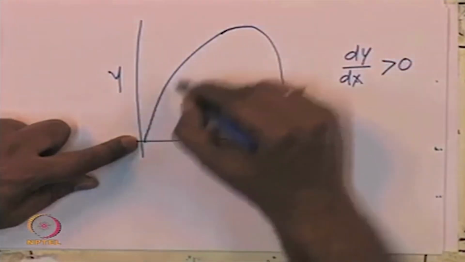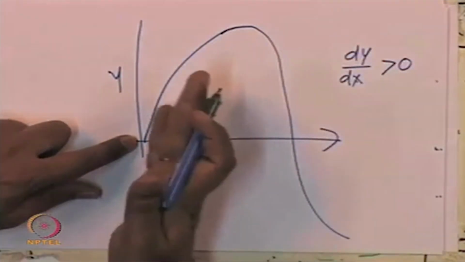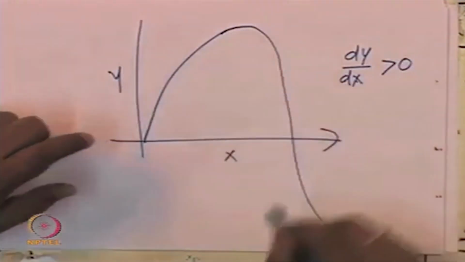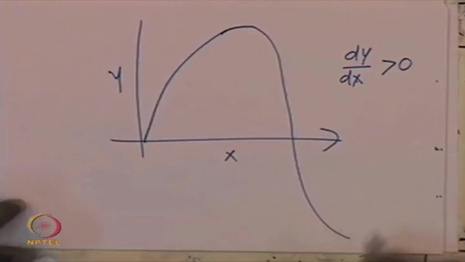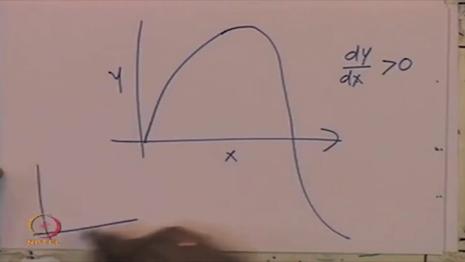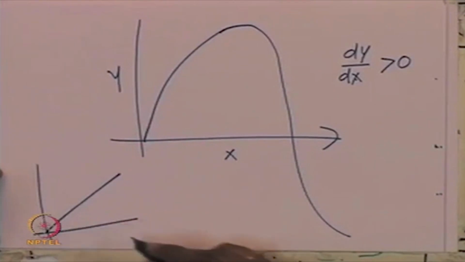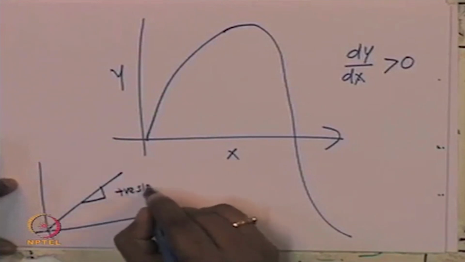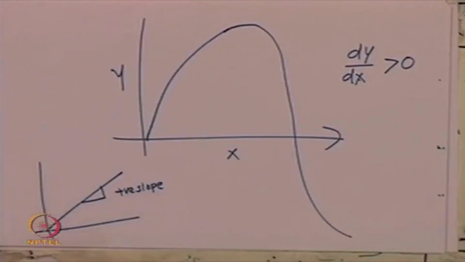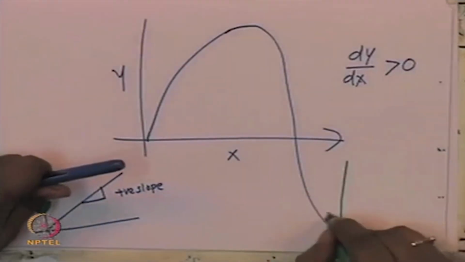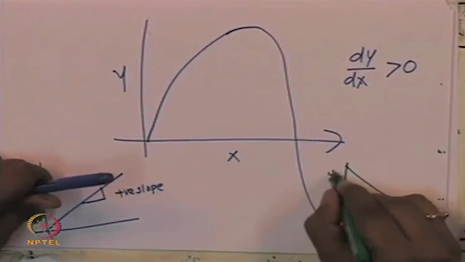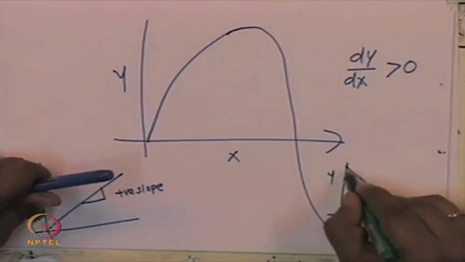Whenever x and y are increasing, the slope is positive. You might have seen that for a straight line which looks like this, the slope is positive. You might have also seen that if the straight line looks like this, where this is x and this is y, as x increases, y is decreasing.